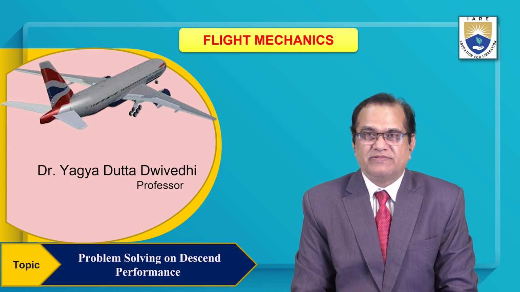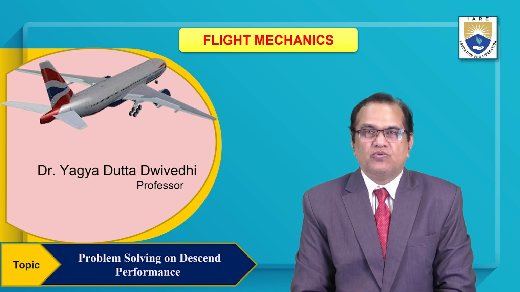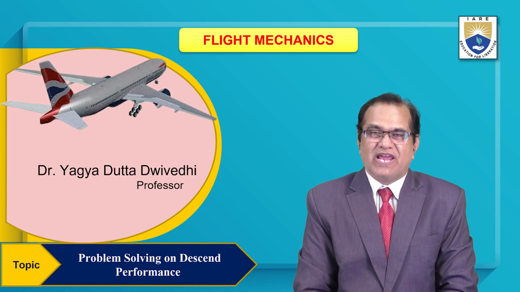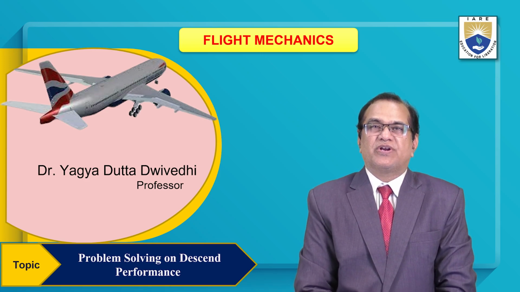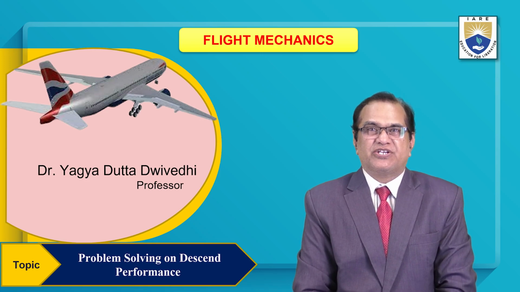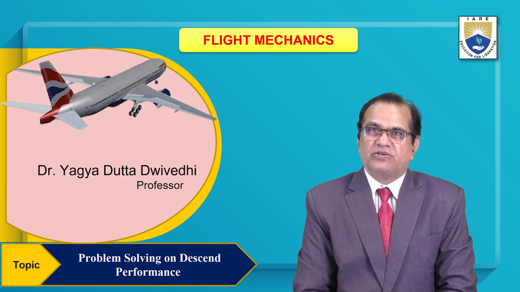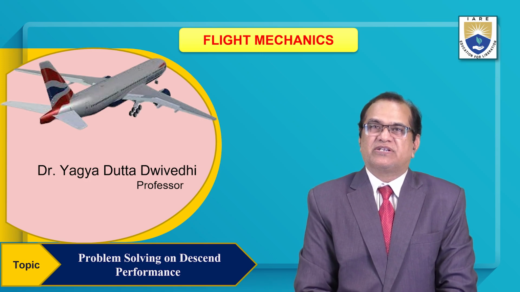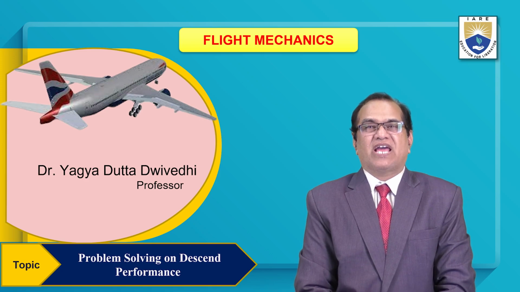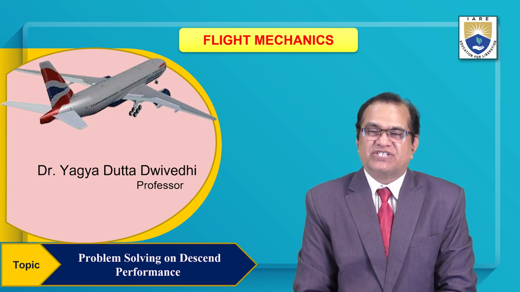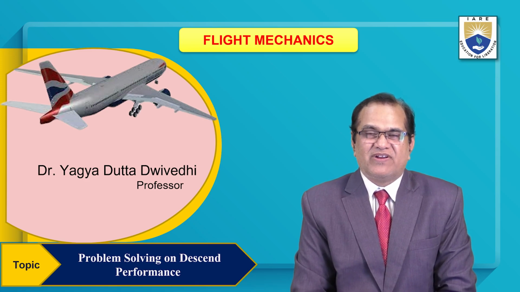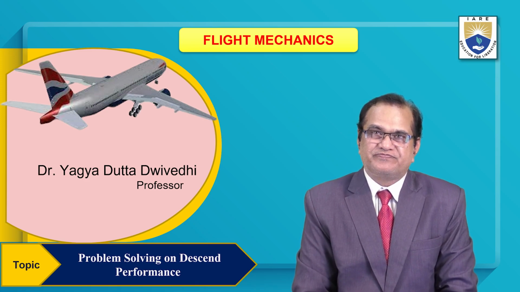These are Module 1. Module 2 is cruise flight, which covers the range and endurance of the aircraft, range also in different conditions: constant altitude, constant speed, constant CL, the 3 types of ranges we have discussed. And also we have discussed the propeller aircraft and the jet aircraft.